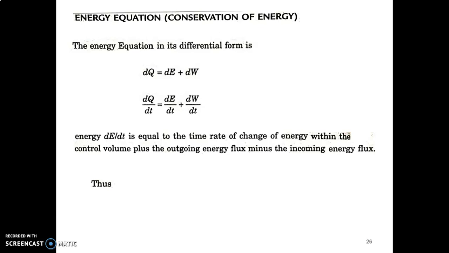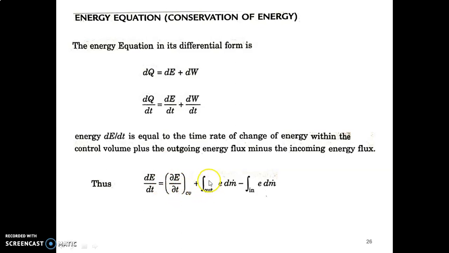So the first term on the right hand side will be ∂E by ∂t for the control volume, that is the rate of change of energy within the control volume.